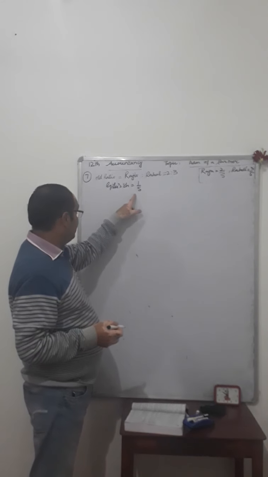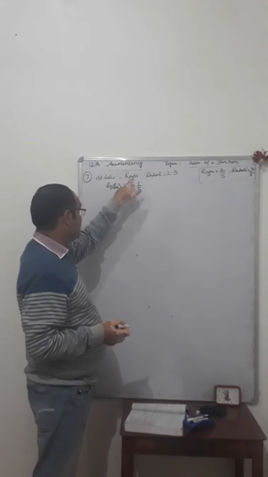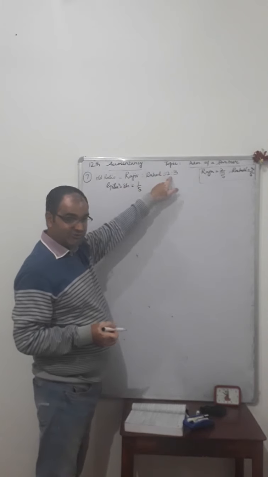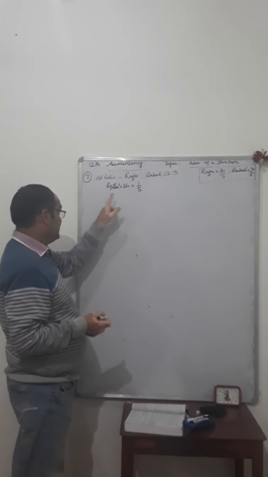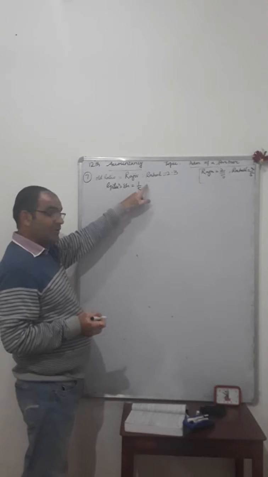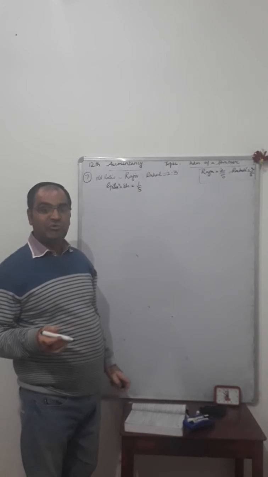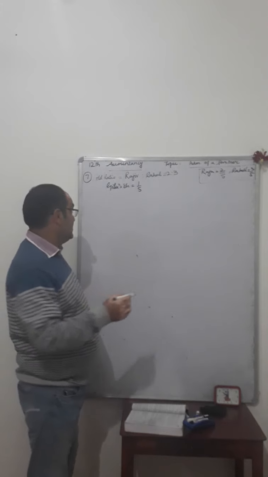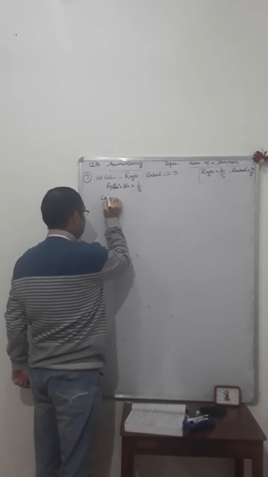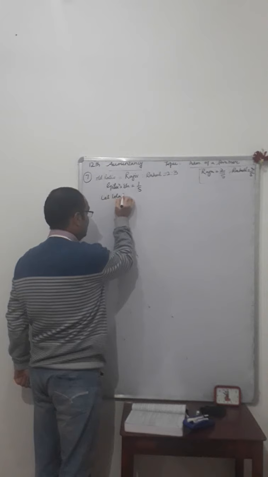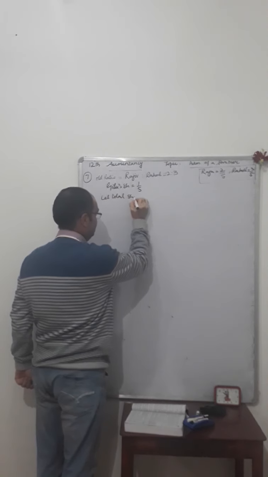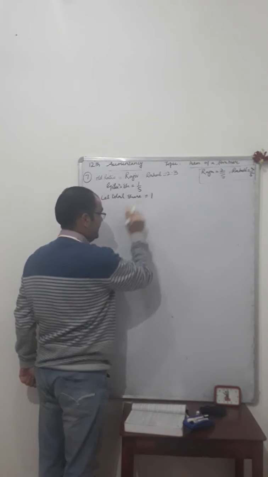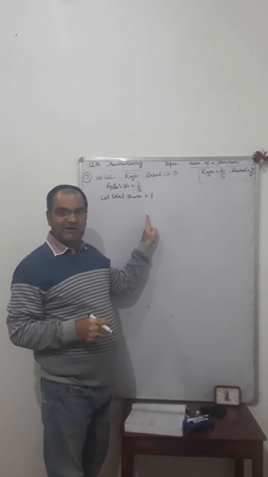This 1/5 is sacrificed by Raju and Rahul in the ratio 2:3. This 1/5 is out of the total share, but we don't know what our total share is. Let this total share be equal to 1.